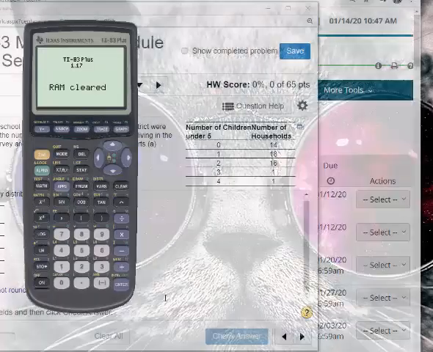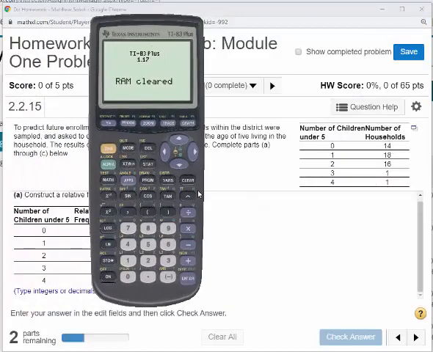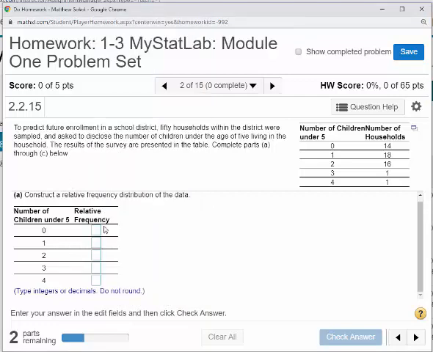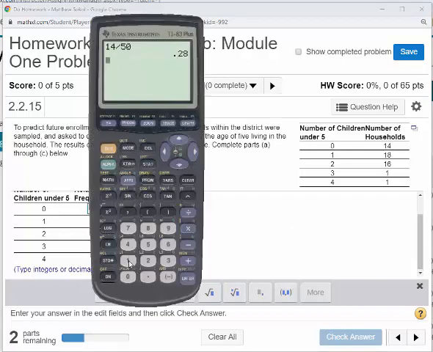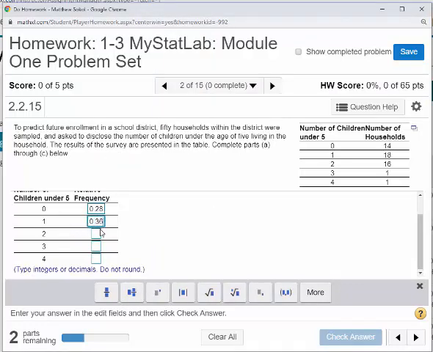All right, so let's do that. So for the first group of households that have 0 children under 5, the relative frequency would take 14 divided by 50 and get 0.28. Let's do that for 18 now. We get 0.36. Do this for 16.